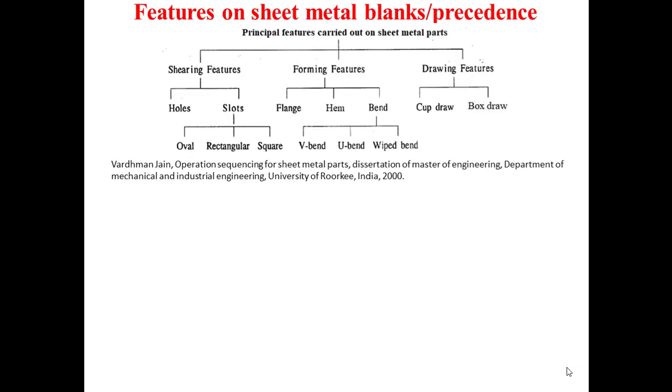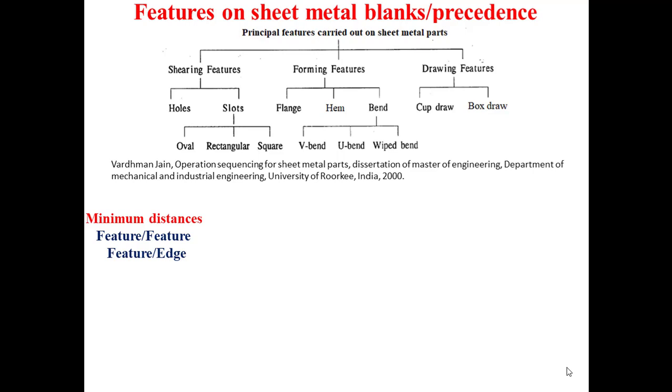First of all, it should be remembered that the features that can be carried out on a sheet metal blank are mainly the sharing features, the forming features, and the drawing features. And it's very important to note here that a minimum distance between features or between features and edge must be taken into consideration, and I explained this in the previous video.